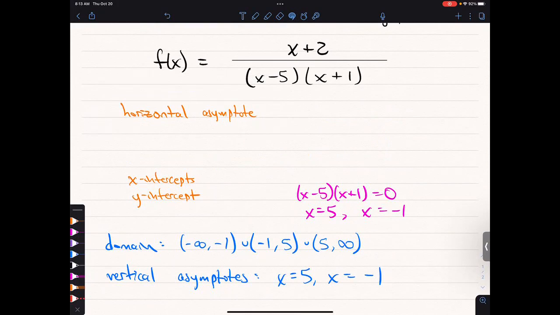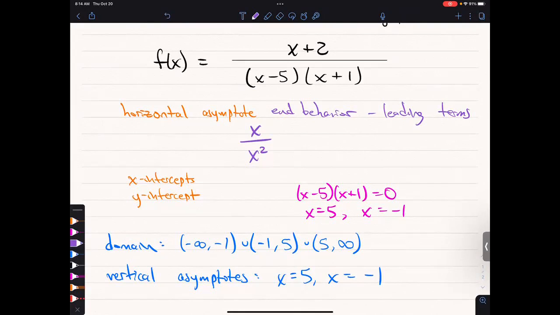So for what happens out there, the end behavior, we want to look at the leading terms. Here, that would be x in the numerator and x squared in the denominator. x over x squared, right?